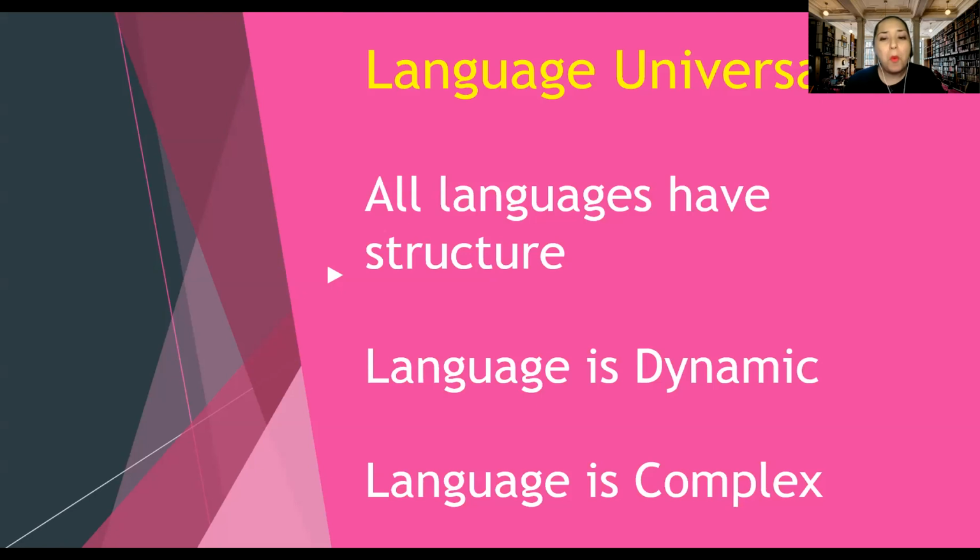It's dynamic. Why? Well, that's one of the interesting things of a language. It's evolving, it changes, it moves, and it keeps on changing. And yes, it's complex. Every language has its complexity.